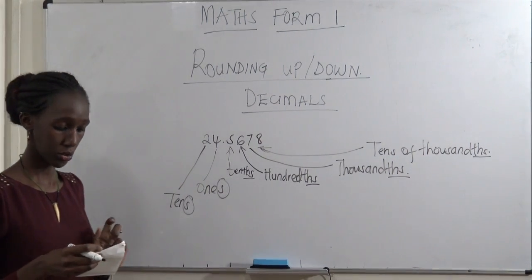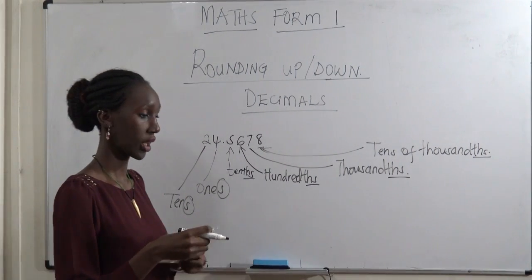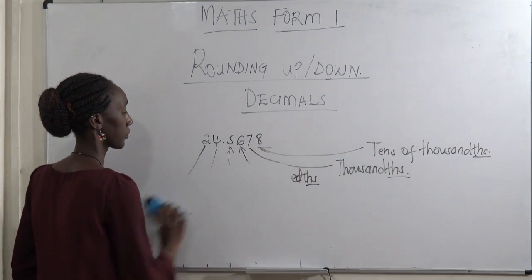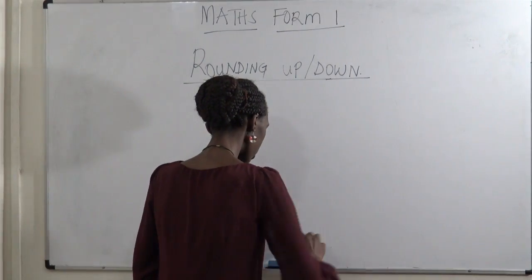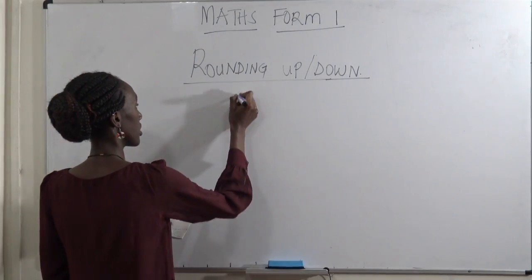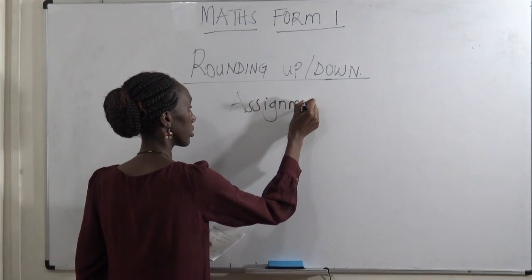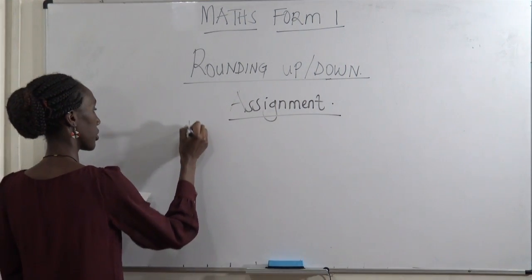So for your assignment today, I'm going to leave you with some numbers so that you can round off to the values which have been given in the bracket. So this is your assignment for today.